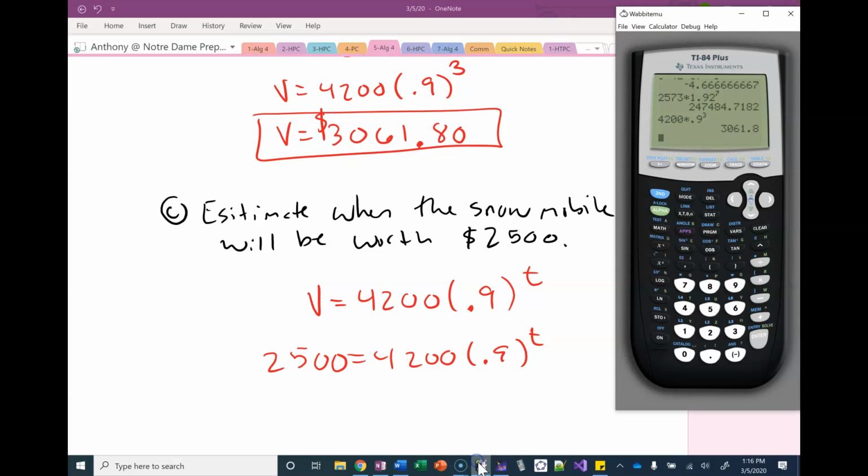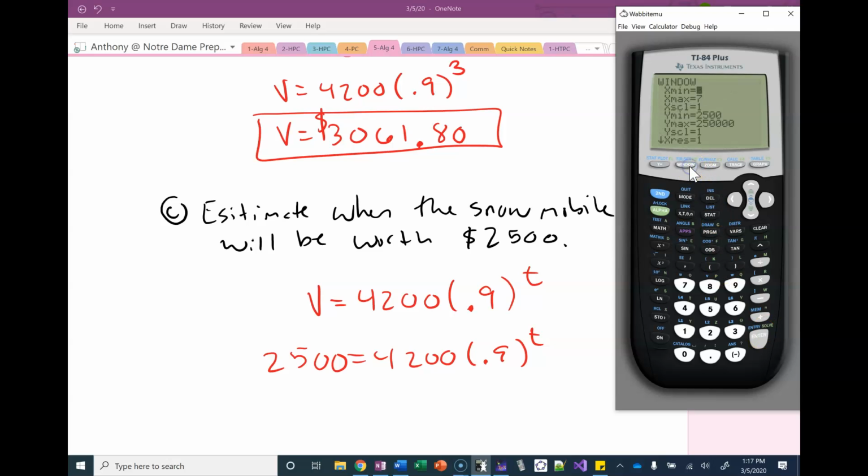So let's cue that calculator back up. We'll go back to the y equals, and we'll type in our exponential model and the future value that we're interested in. Everybody okay there? Okay.